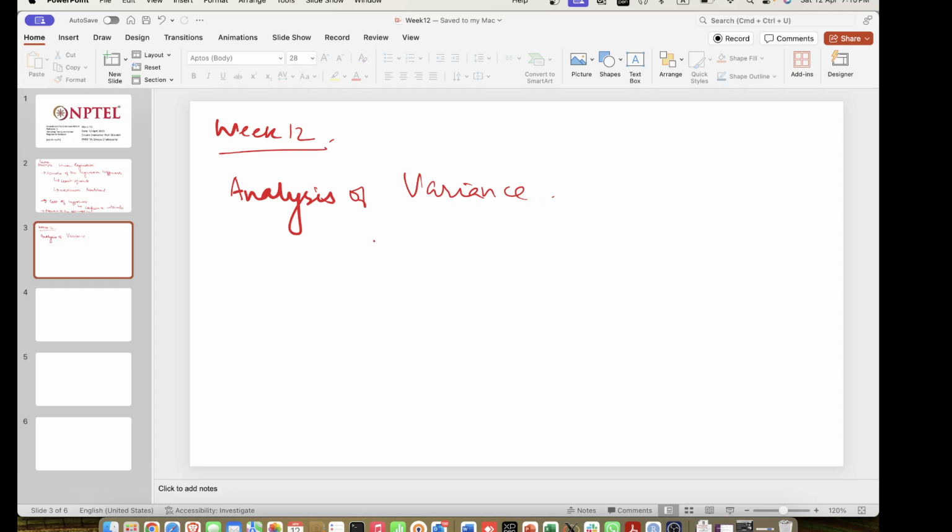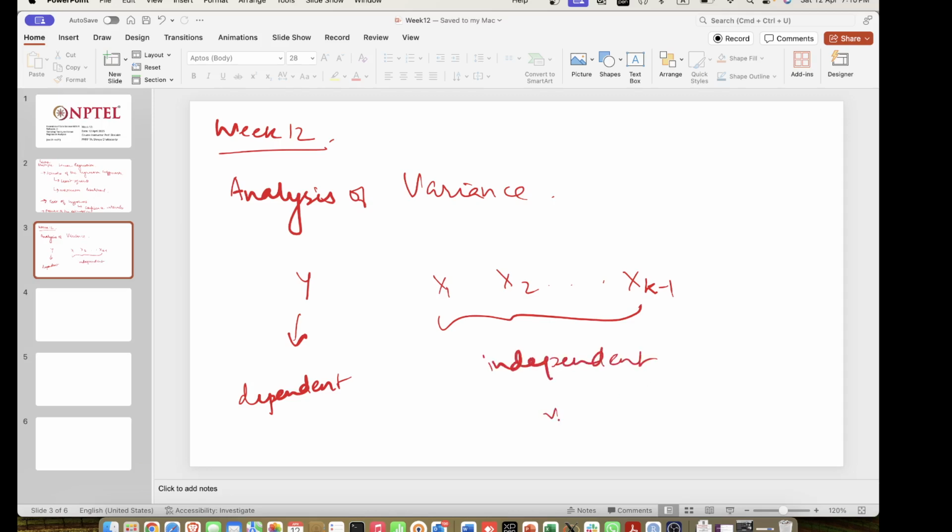Just imagine we have a model where y is my response and I have x1, x2, up to xk, or let me write it as k minus 1, to be at par with the lecture notes. So y is my response or dependent variable, and these are my set of independent variables, and I want to model them.